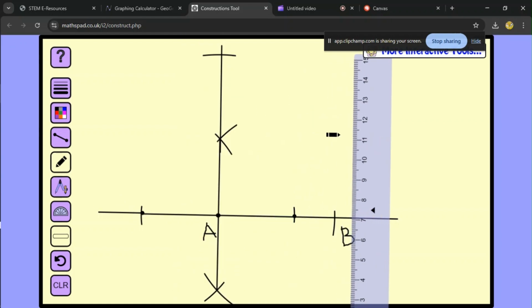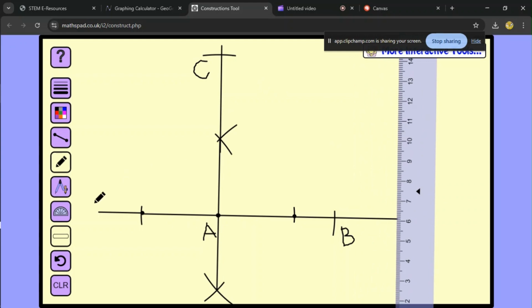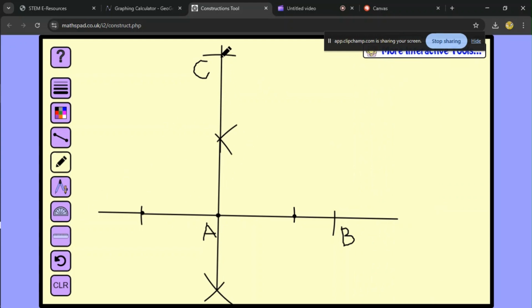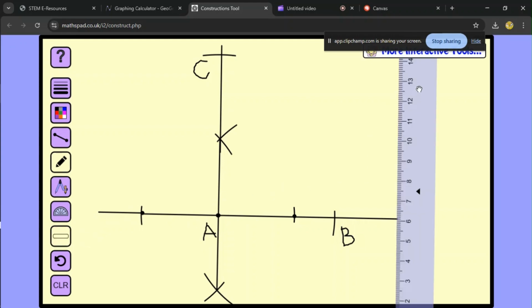Okay, so this is where my C is. C is somewhere there. I remove the ruler there. Then now I join this. Let me bring my ruler back.